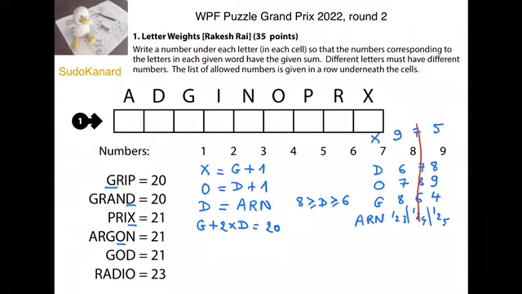Oops, sorry about that. 2 options left, this column and this column, and we should see what the possibilities are with the remaining letters, and the remaining letters are I and P. And if you look carefully, you see that in this case, I and P must be 4 and 5.